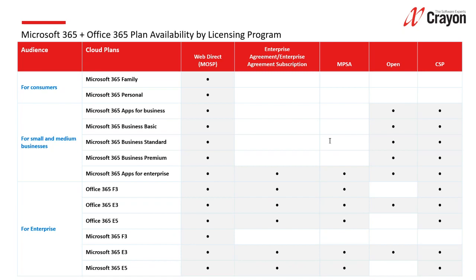And as you can see, the only plans available in the Enterprise Agreement section are the plans for the enterprise audience, meaning M365 Apps for enterprise, the former Office 365 ProPlus, and Office 365 F1, E3, E5. You can see them in the table, so I will not just recite them.